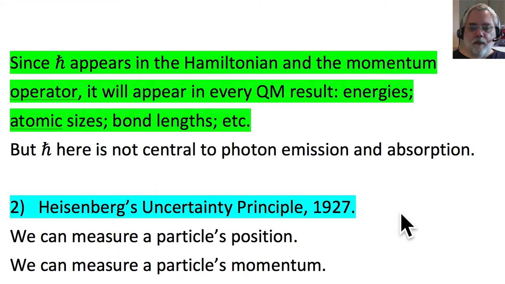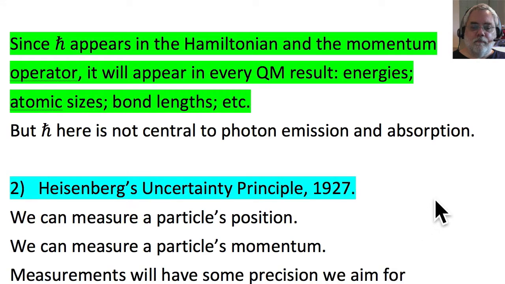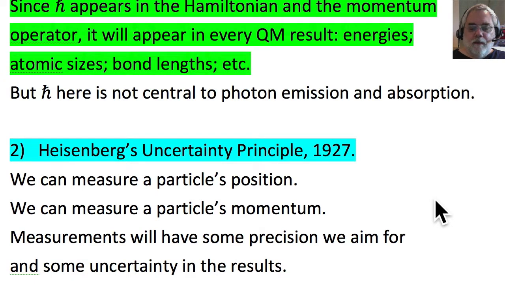We'll deal with it at that level. We can measure a particle's position. Classically, we can measure it. We can measure a particle's momentum. Classically, we can measure that. When we make measurements, they'll have some precision that we want to aim for, and there's going to be some uncertainty in the results.